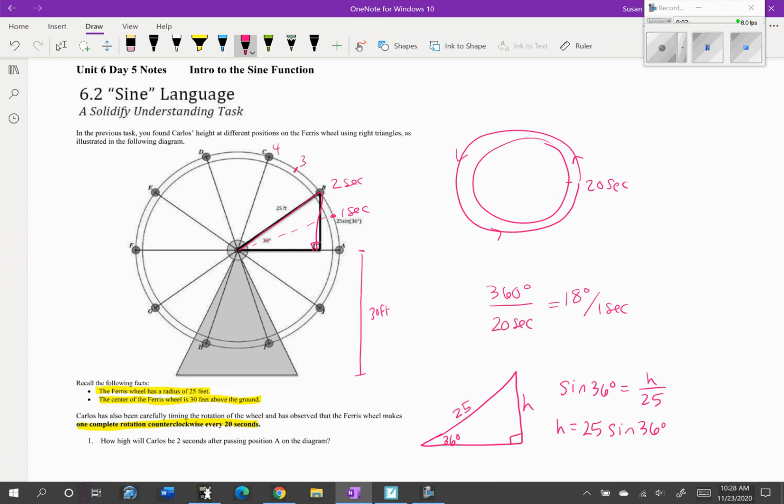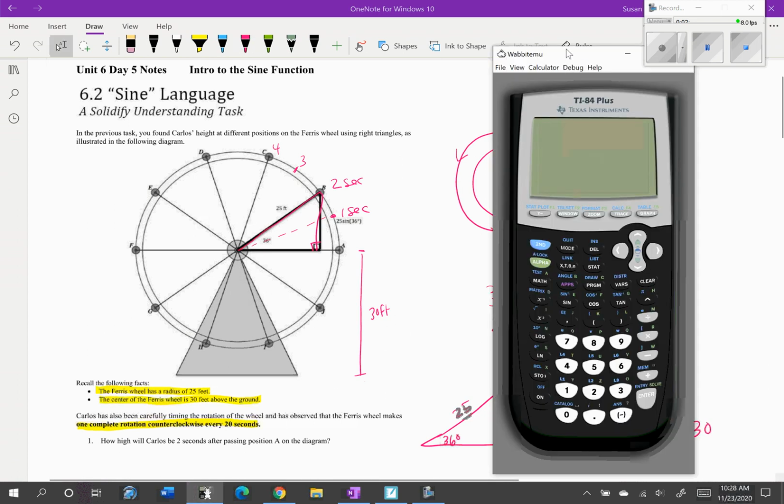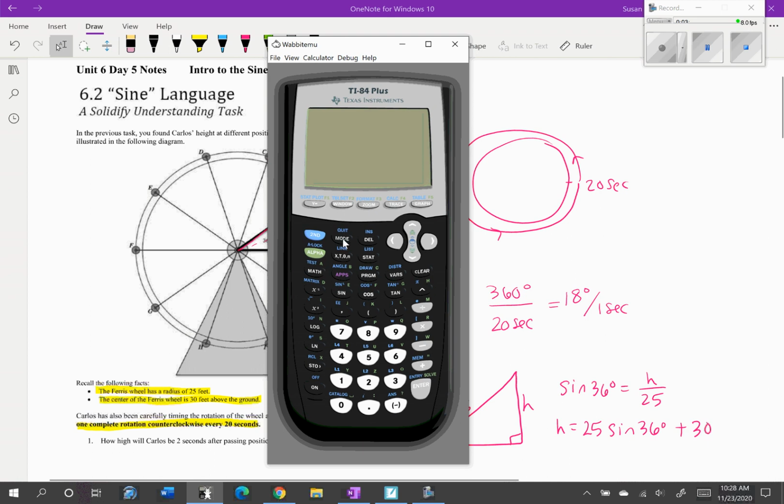But remember that we're trying to figure out the height from the ground, so we also need to add that 30 feet. If we plug this into our calculator, the first thing I would do is make sure my mode is in degree mode. If I turn my calculator on, notice that it's in degrees. If it's not, just scroll down and hit enter on degree.